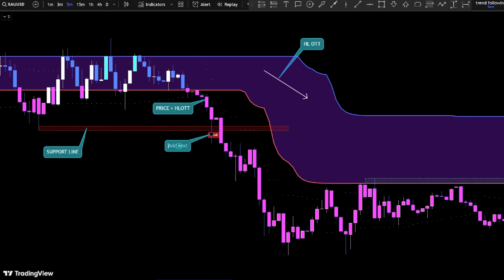We wait for the breaks and retest indicator to give us a bearish breakout signal, meaning a candle closes below the support level. That's your signal for a potential sell entry.